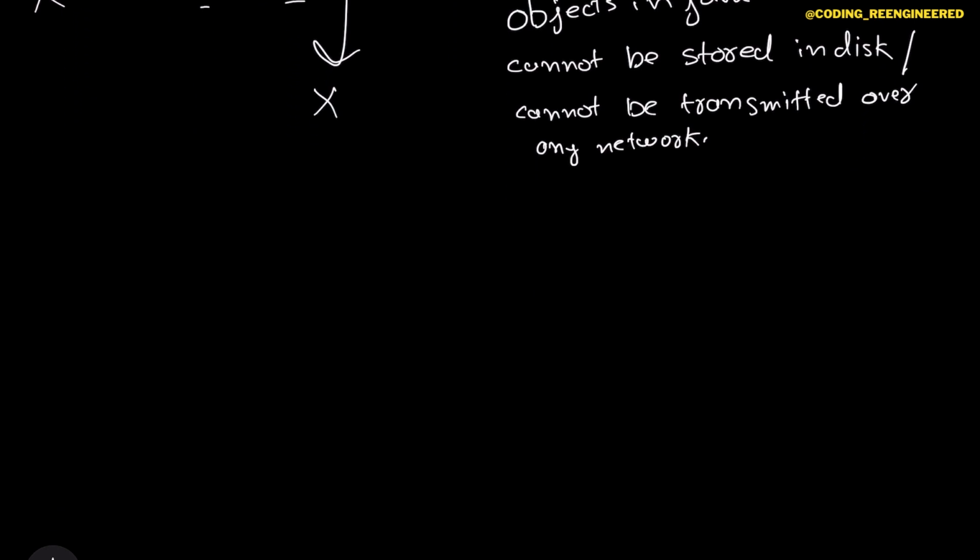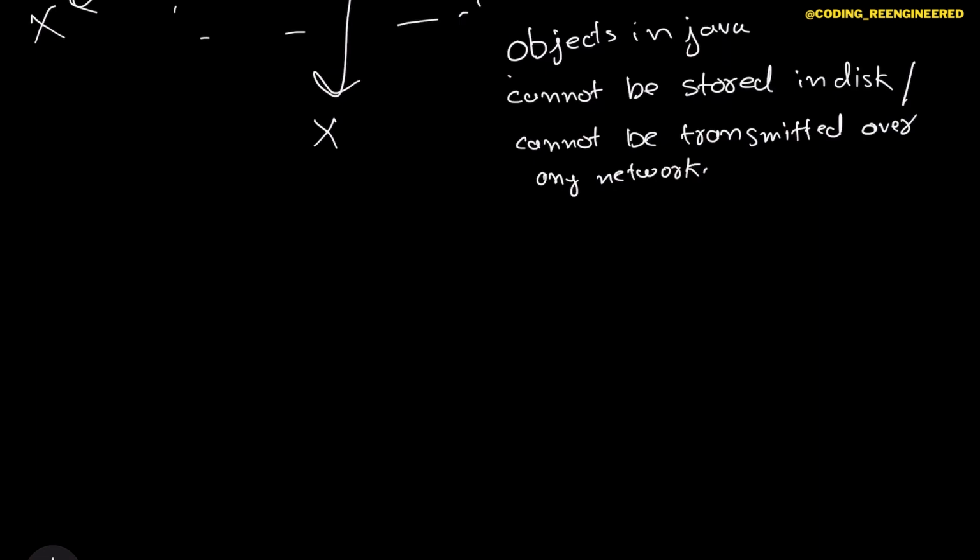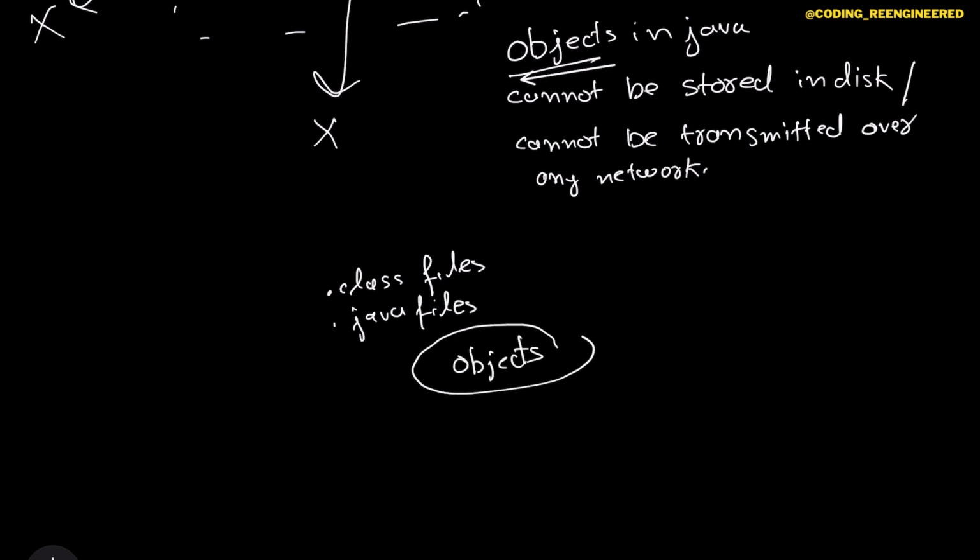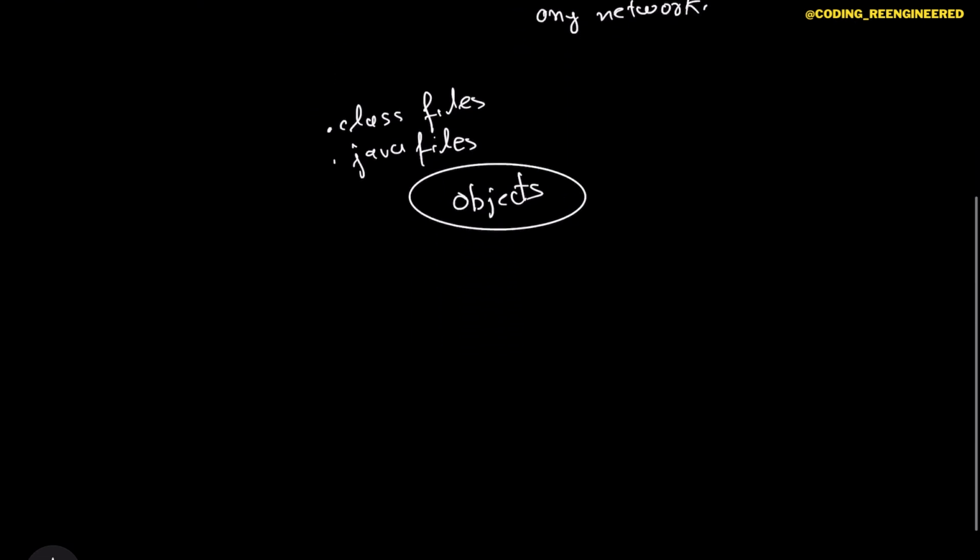For example, let's say Java objects do send over the data to JSON, XML, and different applications, and different parameters. So one thing to be clear is I'm talking about Java objects and not about class or .java files. .class and .java are files, and what we are talking about here is objects.